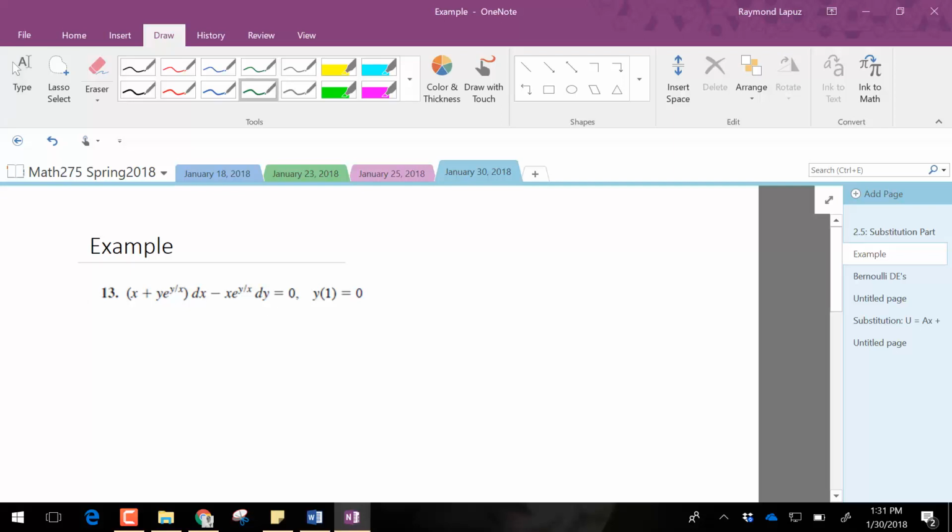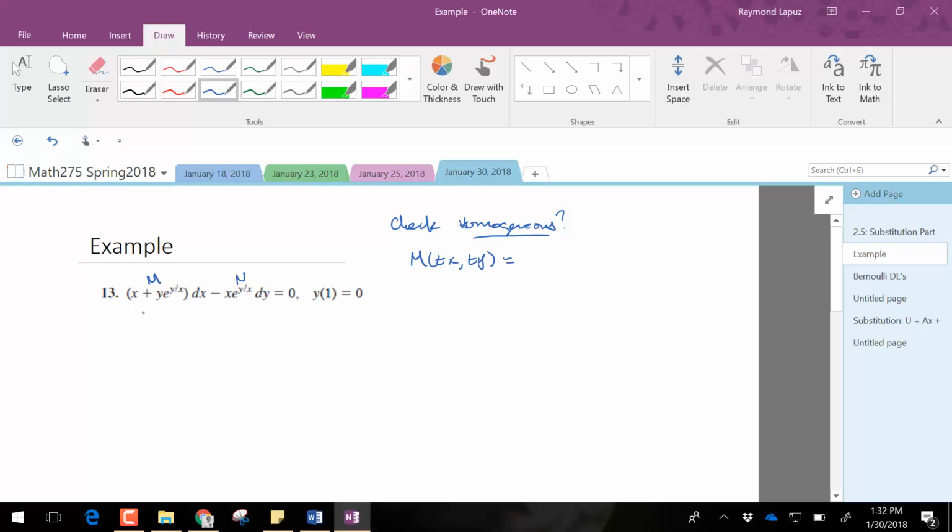So here's our differential equation, and we actually have an initial condition. So this is a complete IVP, initial value problem. The first thing we want to do is check if it's homogeneous. So we identify our M and our N functions, and then check if it's homogeneous. We put in a Tx and Ty for x and y.